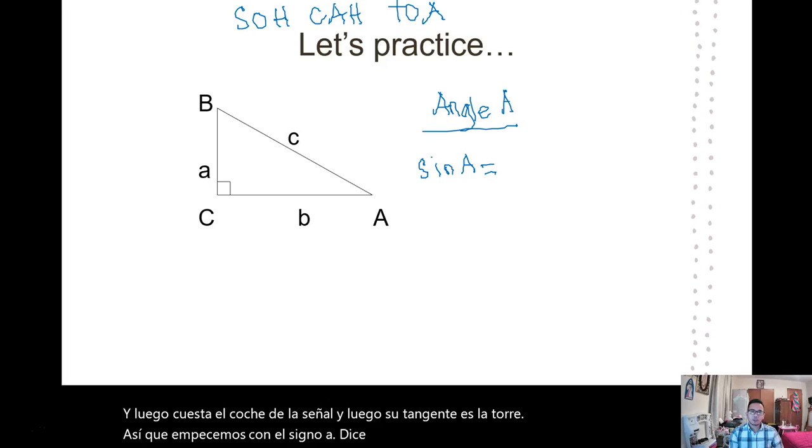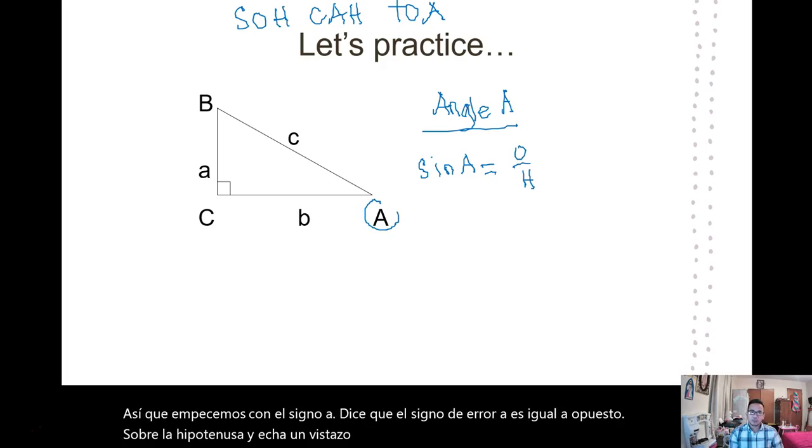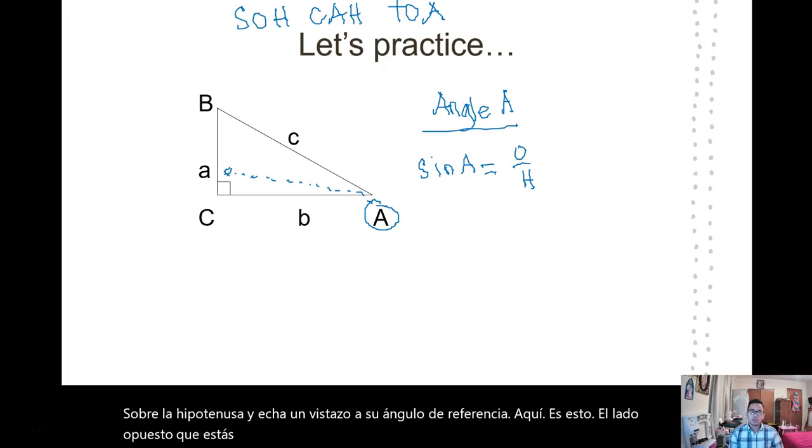Sine A is equal to opposite over hypotenuse. Take a look at your reference angle here. You are looking at the opposite side, which is a.